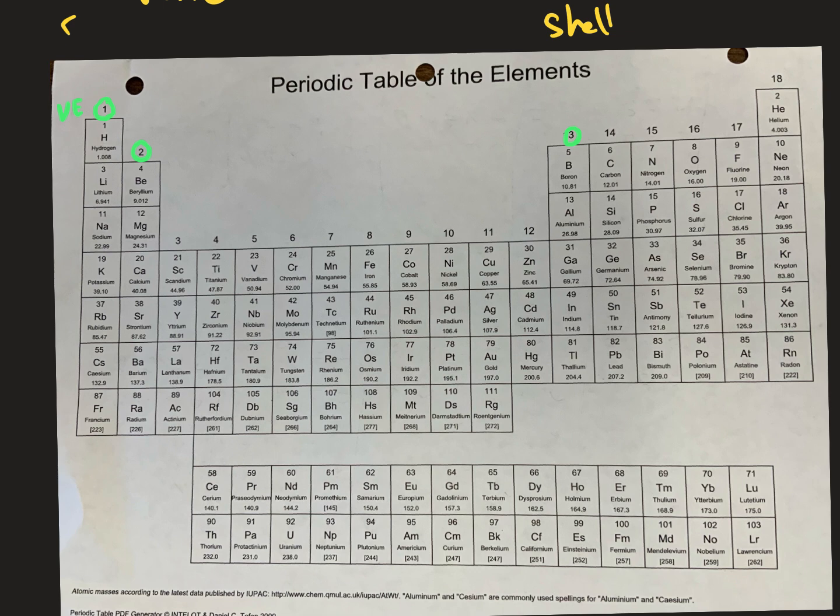And what about group 14? 4. 15 has 5. 16 has 6. 17 has 7. And 18 has 8. Except helium only has 2 total. Remember, on that first energy level, you can only fit 2. So it only has 2. Are we good?